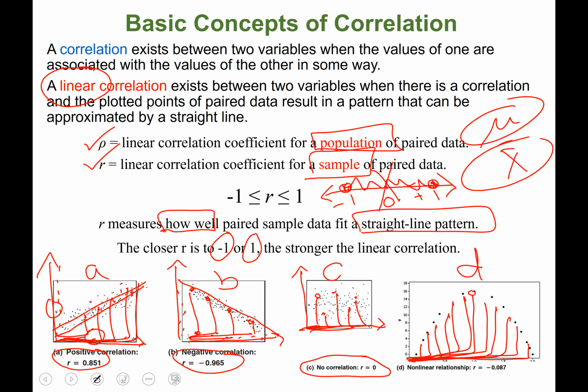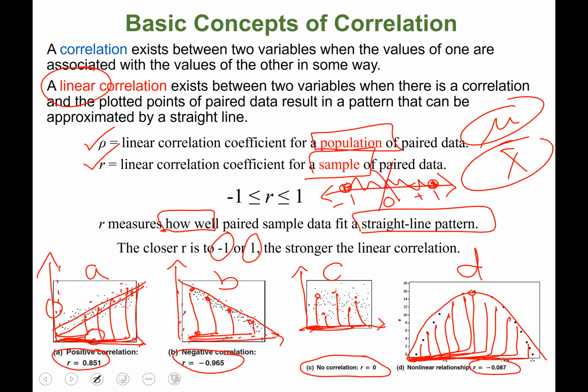So you can see that lowercase r equals -0.087. That's pretty close to 0 on the number line. And even though this is forming a parabola, so it has a quadratic relationship between the two variables, it does not have a linear relationship.